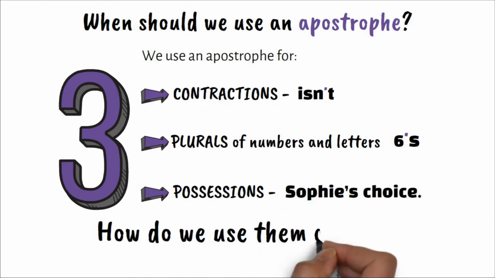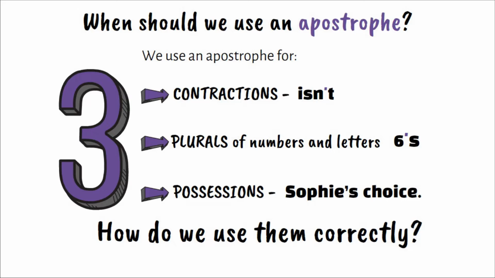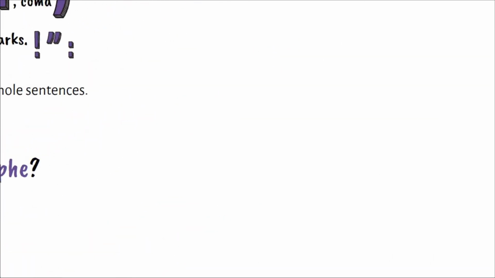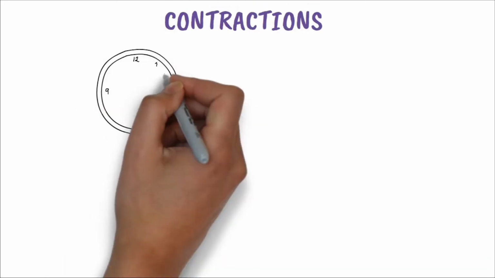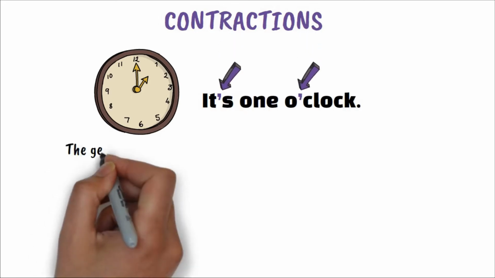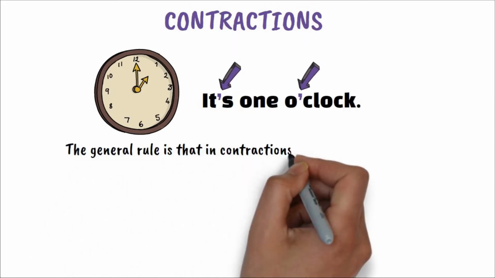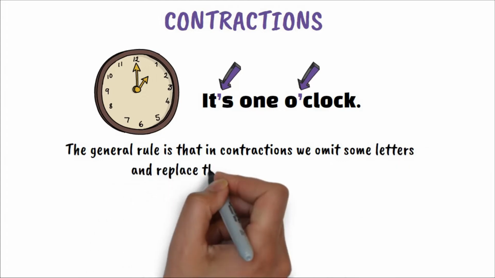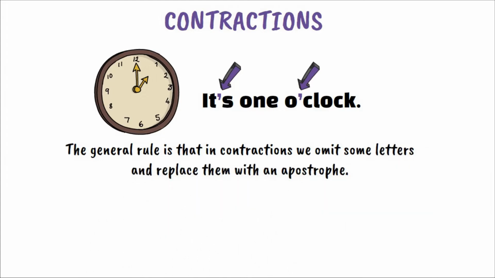How do we use them correctly? It's best if we look at them individually. So first, contractions. For example, it's 1 o'clock. The general rule is that in contractions, we omit some letters and replace them with an apostrophe.